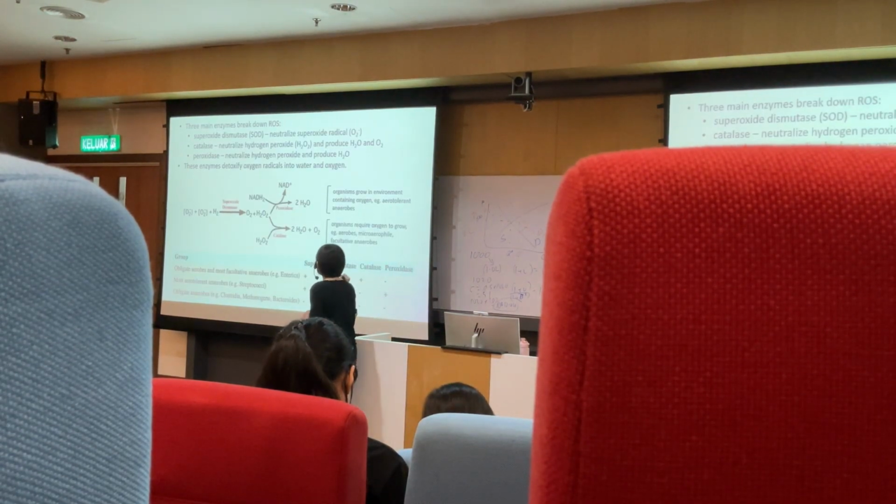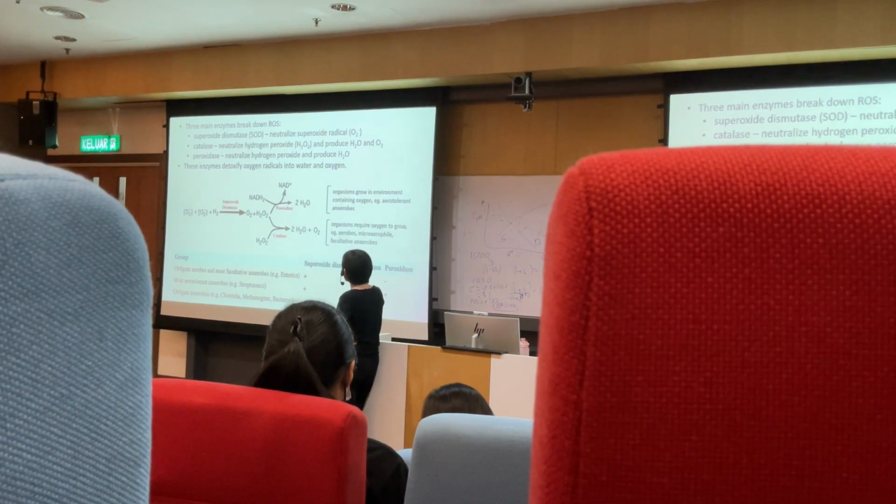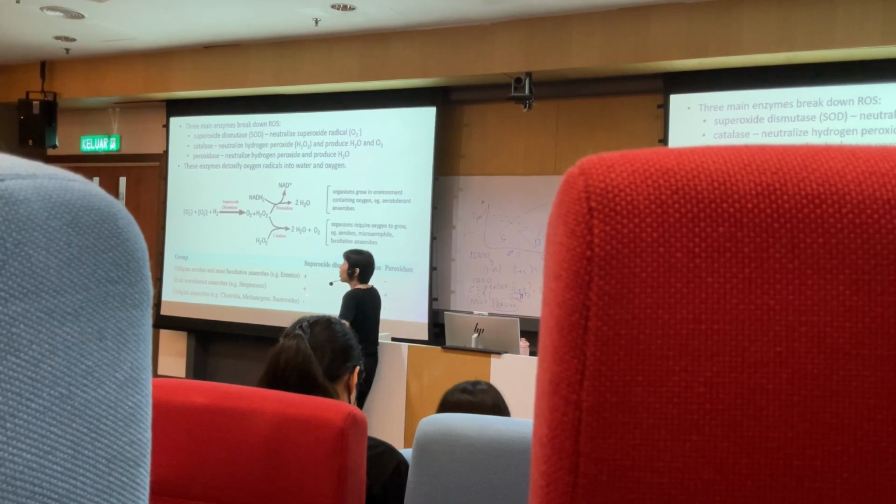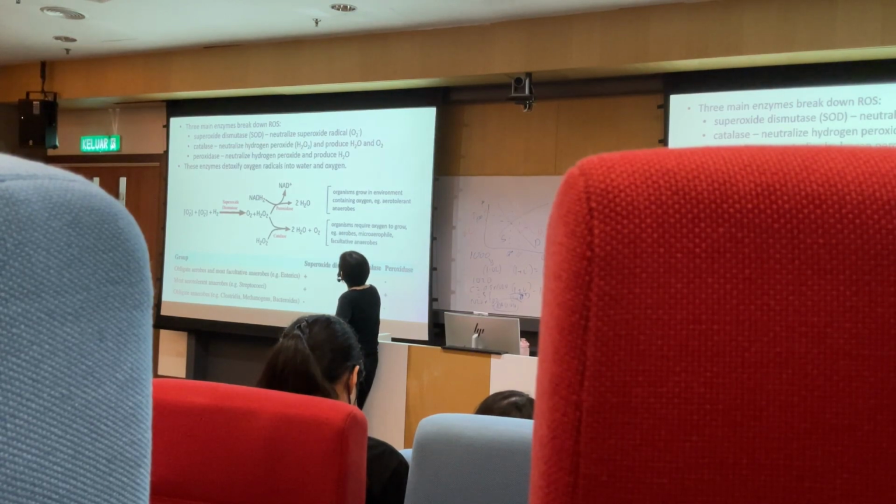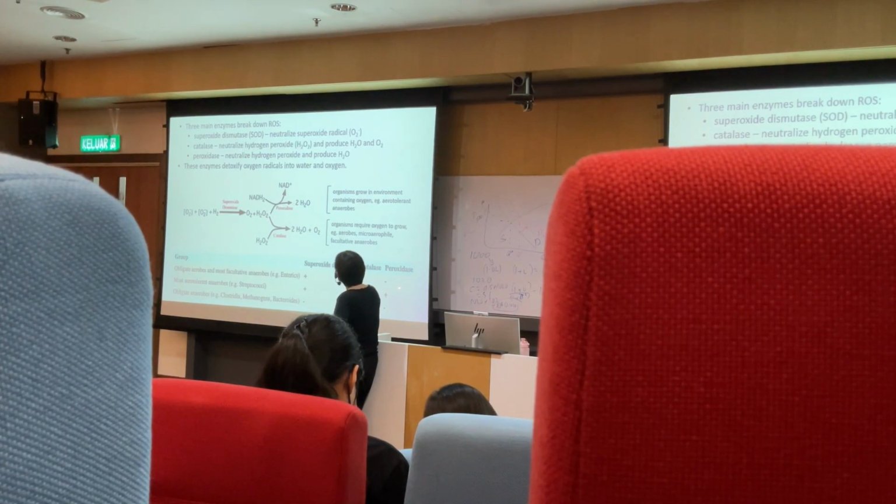What they have is superoxide dismutase. That's why oxygen is not toxic to them, because they can convert all this superoxide radical into hydrogen peroxide. And further, they have peroxidase, so they can convert it into water. Because they do not require oxygen, they are not aerobes.